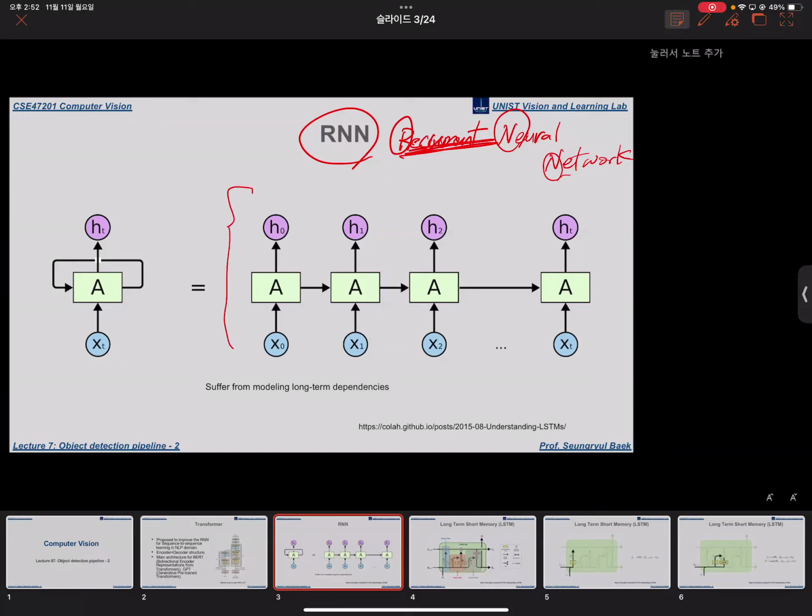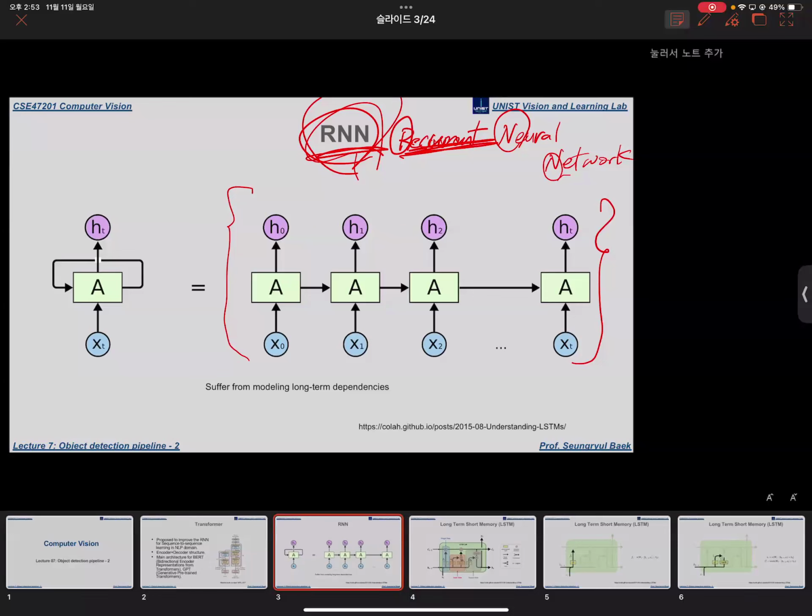And this is actually the structure of the RNN. So basically, this RNN is not RCNN. RCNN was the regional CNN, but this RNN is just the recurrent neural network. And this RNN is the architecture for processing sequential data.